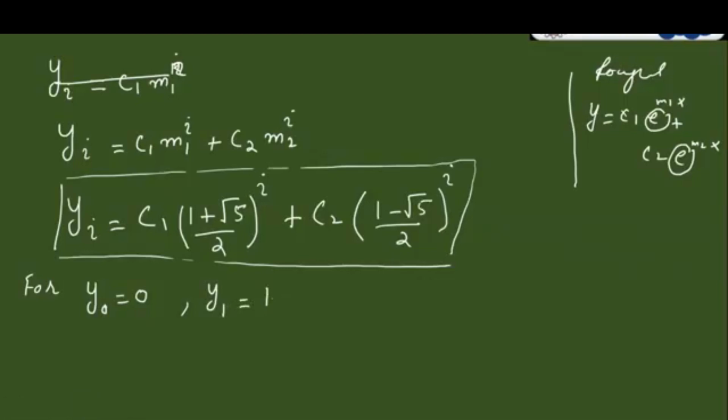If I impose these conditions in this formula, then I will get a unique sequence. At the moment, it can generate any sequence if you provide C1 and C2 manually, and that sequence can definitely be a Fibonacci sequence. But what I want to do is obtain a specific sequence which says the first value is y0 and the second value is y1, and then obtain the sequence based on this formula. So how can we do that?